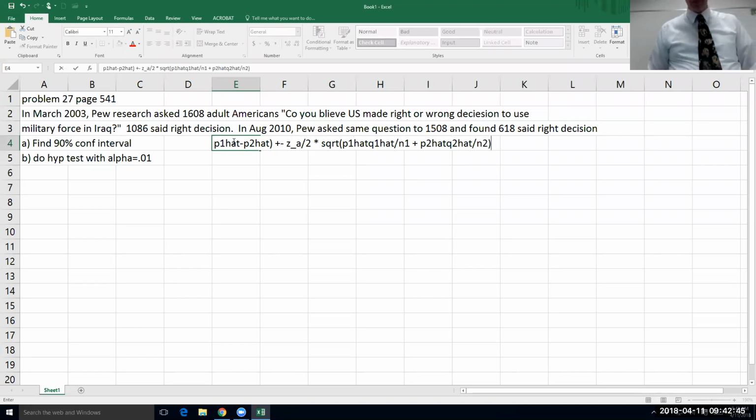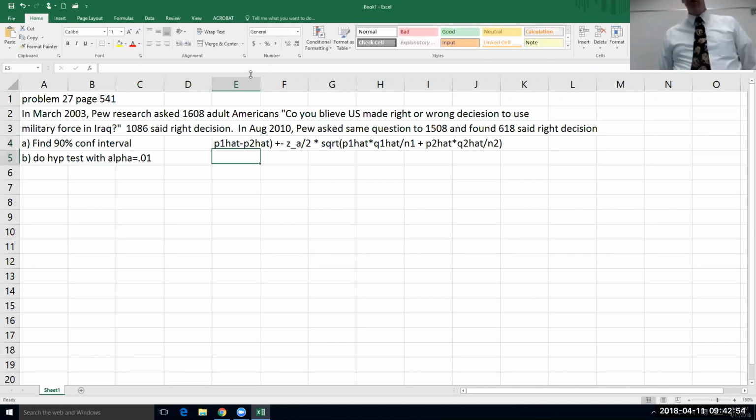That's P1 hat times Q1 hat. Yeah, I probably should put a times in there, so that's easier to read. Okay, so that's the equation you're going to use.